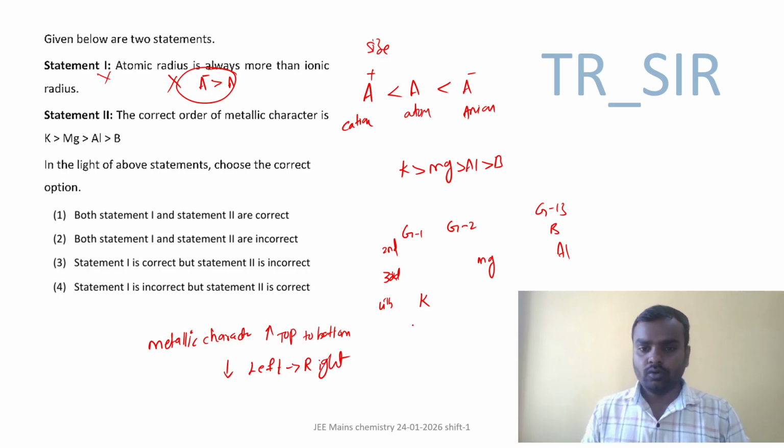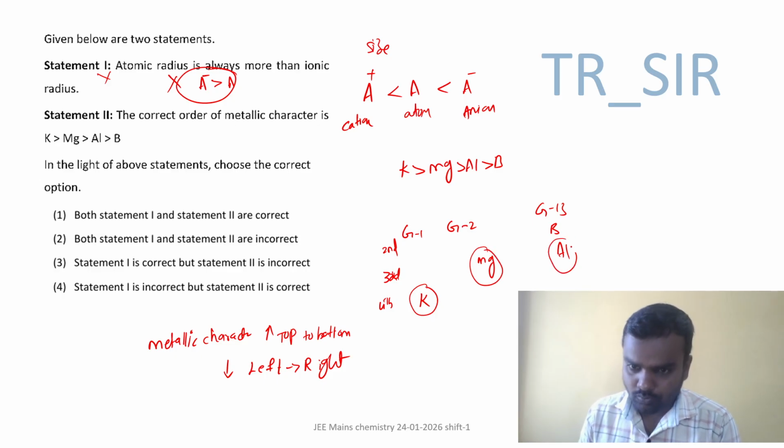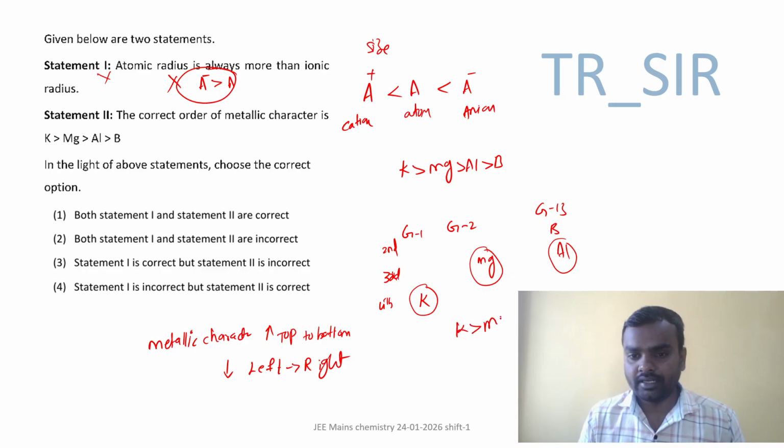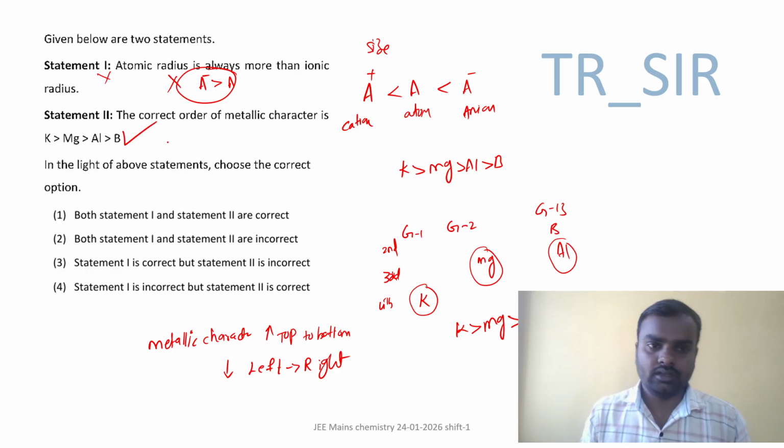So potassium is more metallic, then after that magnesium, then aluminum, which is more metallic than boron. So potassium, magnesium, aluminum, then boron. So the given statement 2 is correct only, but 1 is wrong. That is option 4, the right answer.